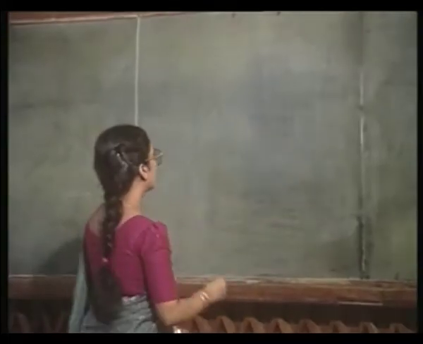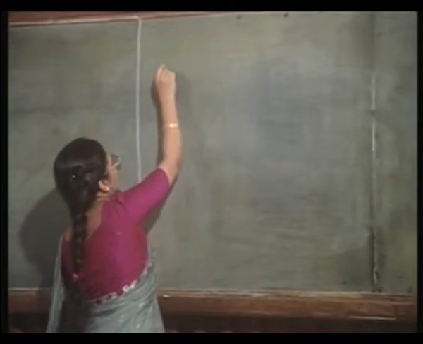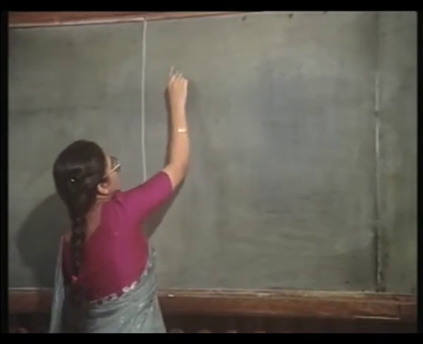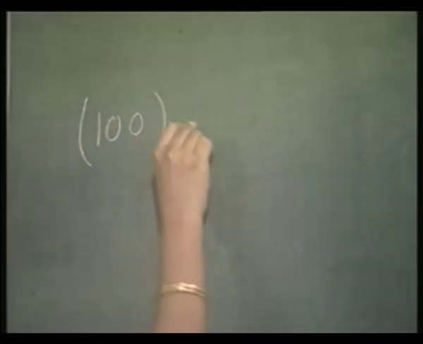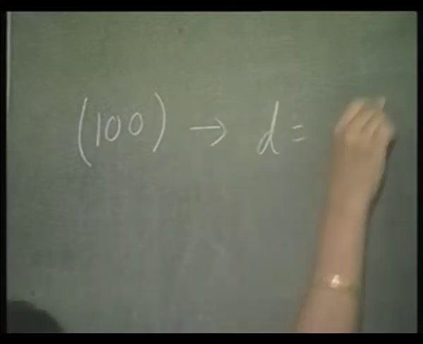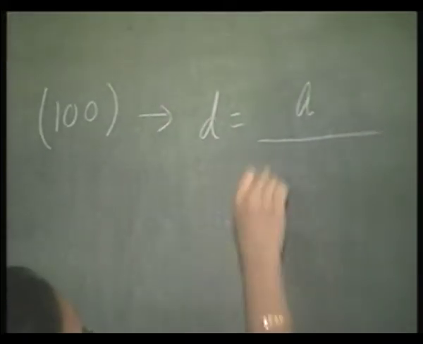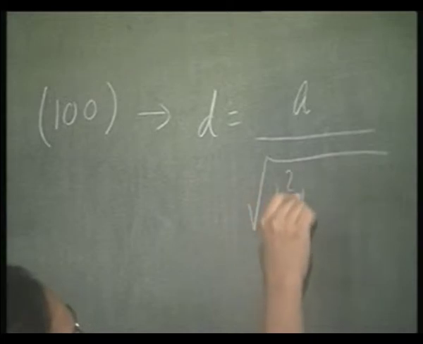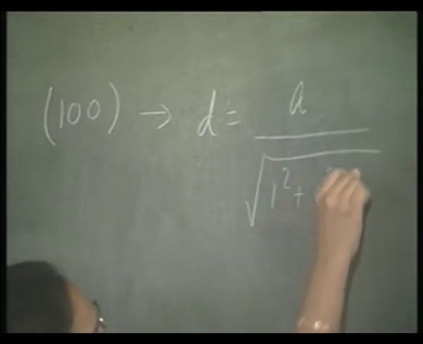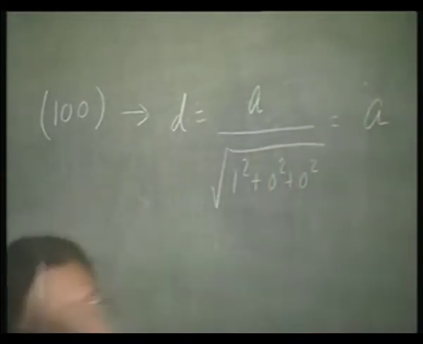The separation between them is A. I can work it out for 1, 0, 0 planes. Agreed?